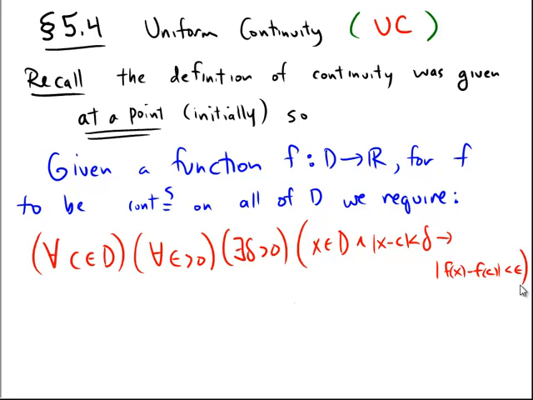So for things that got really close to C, their functional values must have gotten very close to f of C.